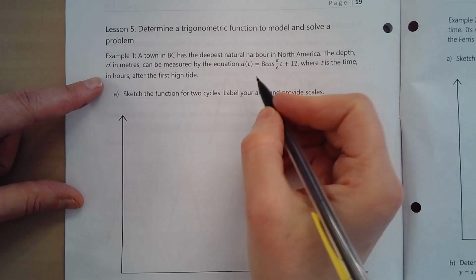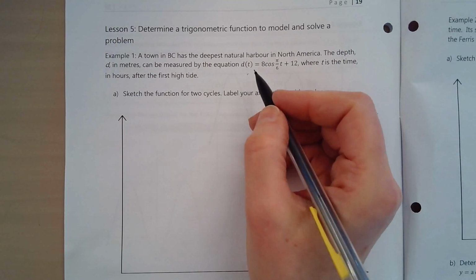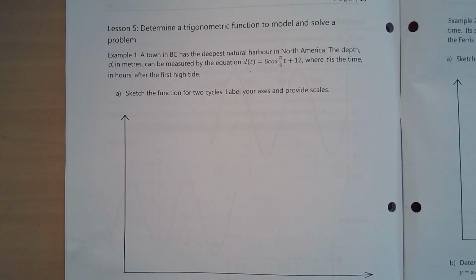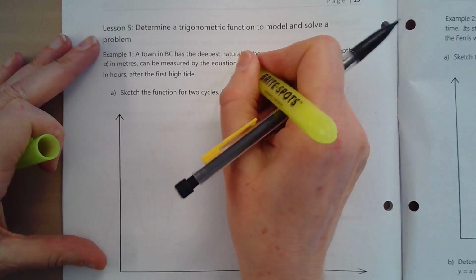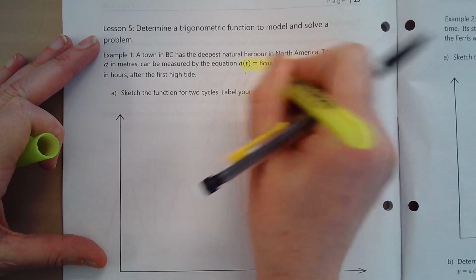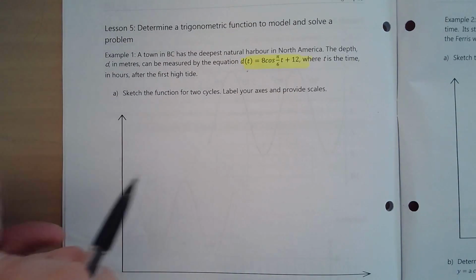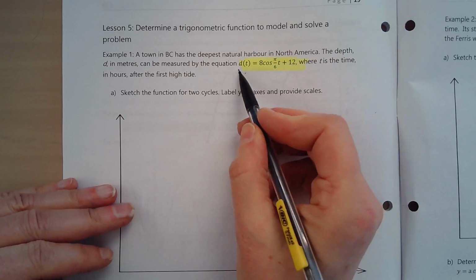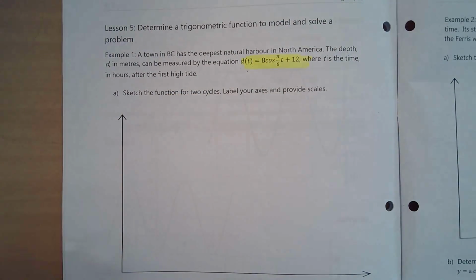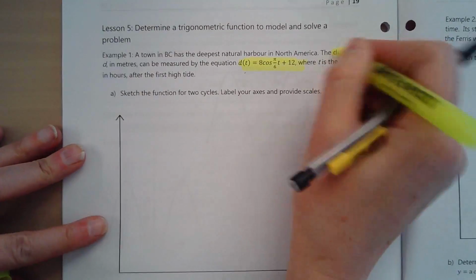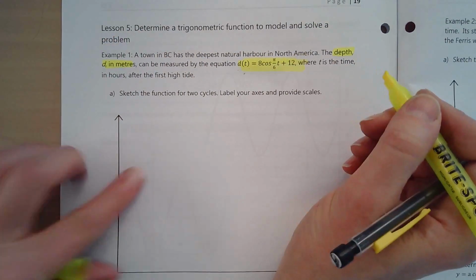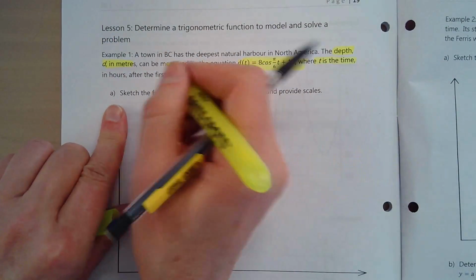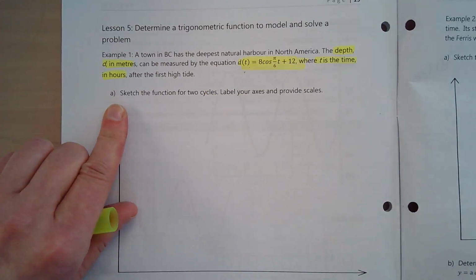So typically in an application, whether it's trig or one of our other applications, the x and the y variables are replaced with something more descriptive, okay? But that's what you have to use to label your graph with. So here d at t, d stands for depth and the units are meters. T stands for time and the unit is hours.